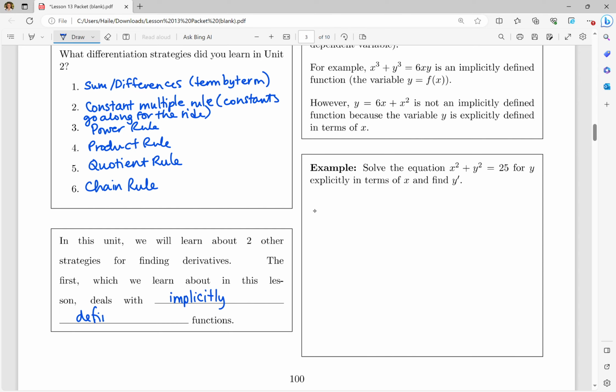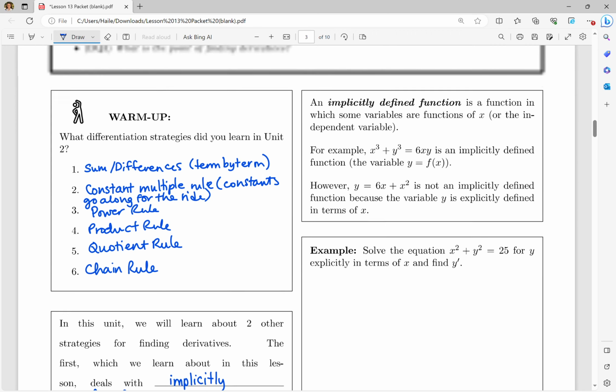Even though this is its own differentiation strategy, it could involve product rules, quotient rules, power rules, and chain rules. And as always, it could have multiple terms or constants in front of any of those functions. So we're still using the 6 rules from before, but with a different type of function.